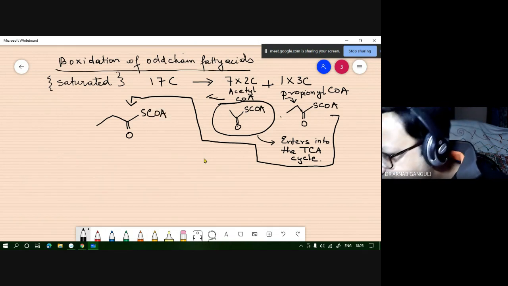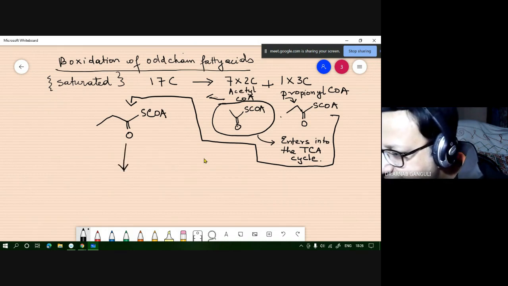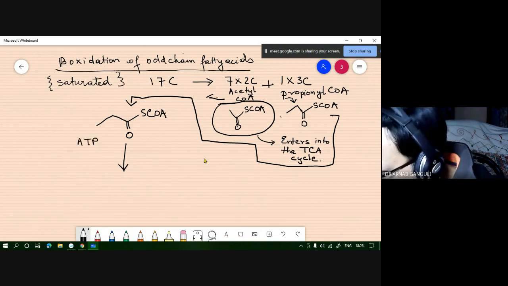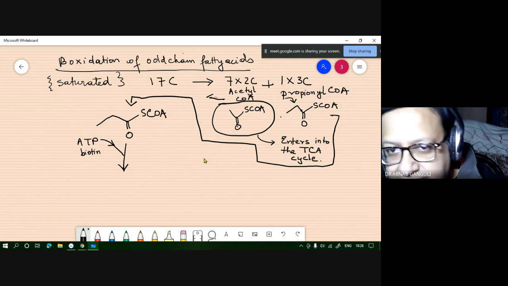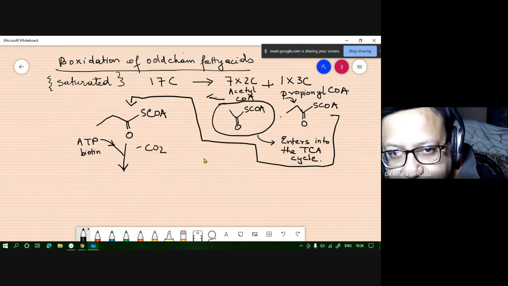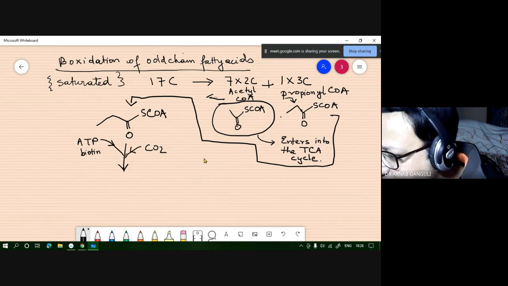Now you require biotin. Biotin is a vitamin. ATP, biotin, they enter. Then a CO2 comes in. It also enters. They are going to add more carbon to this.